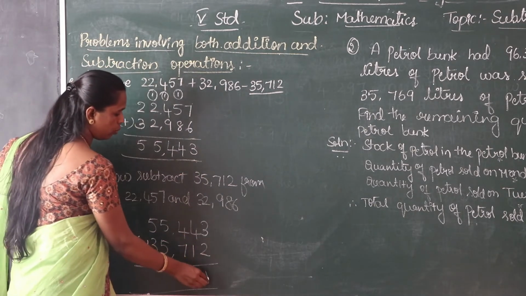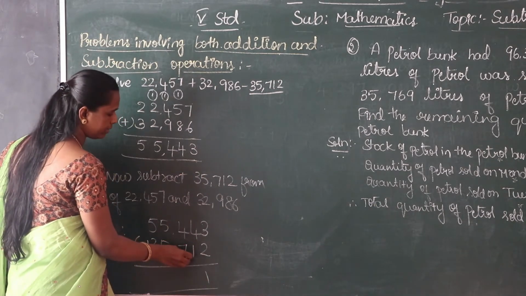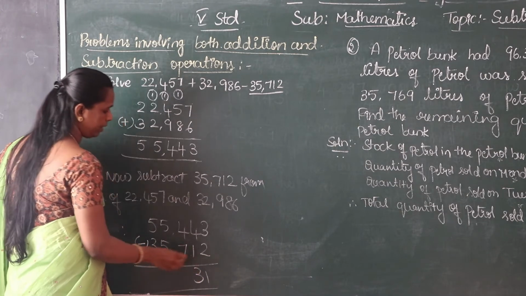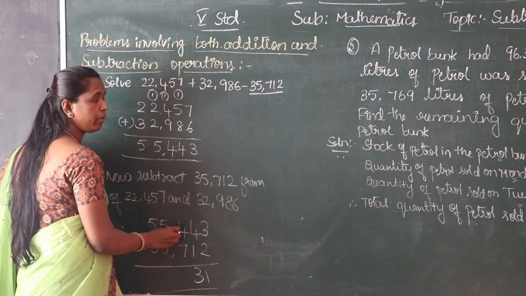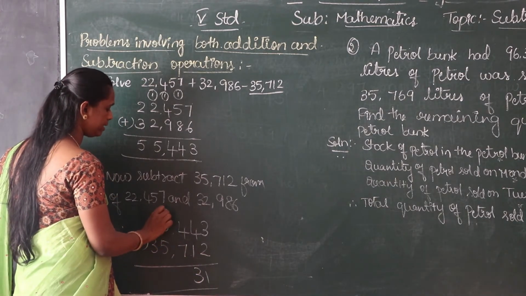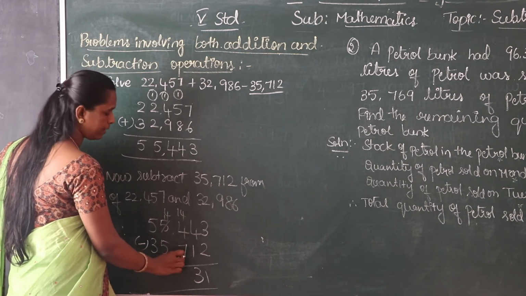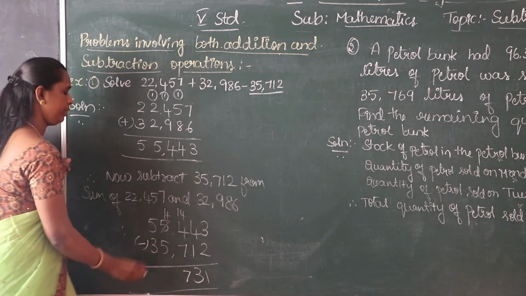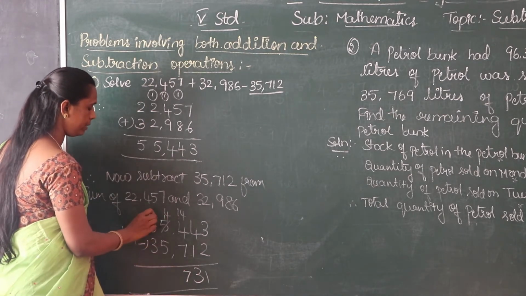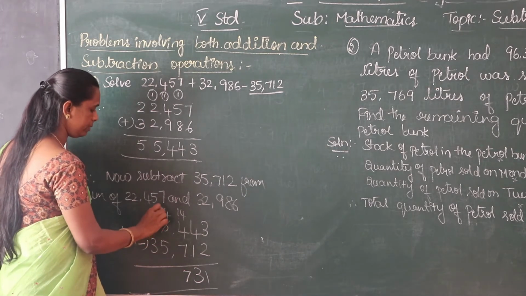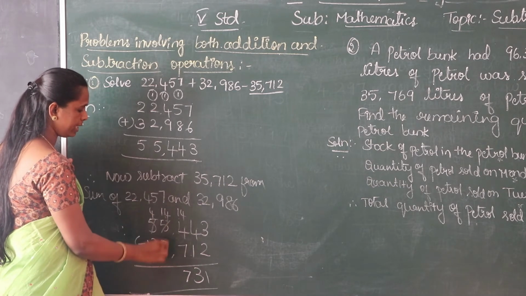3 minus 2, 1. 4 minus 1, 3. Here it is not possible. Take borrow from the nearest place. This becomes 4. This 4 becomes 14. 14 minus 7, 7. So this 4 minus 5 is not possible. Take borrow from here. This becomes 14. 14 minus 5.